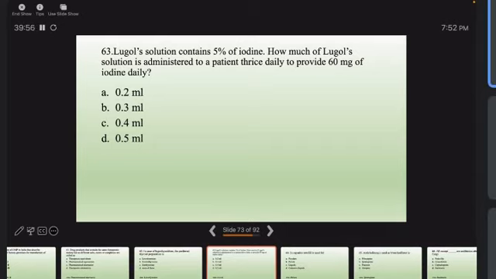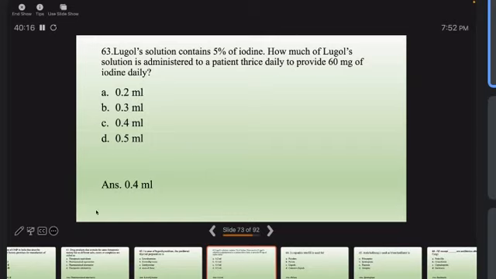Any other answers? Okay, so actually the answer is 0.4 ml. I think we have to work this out. My pointer here isn't working.